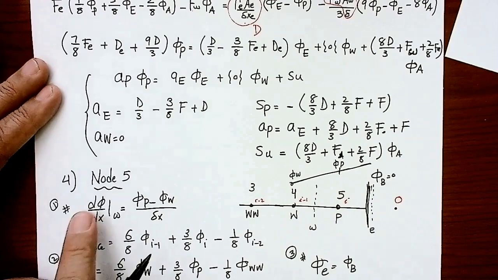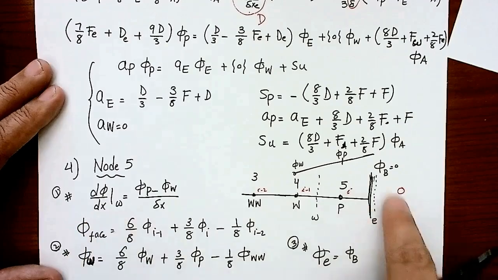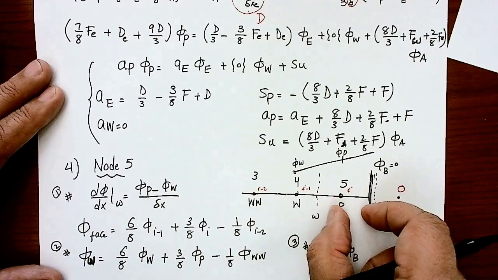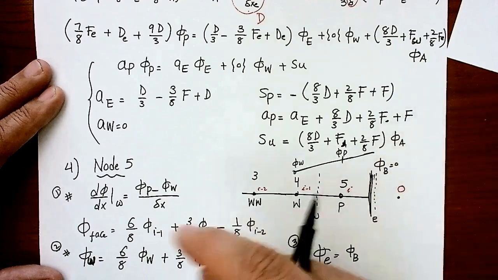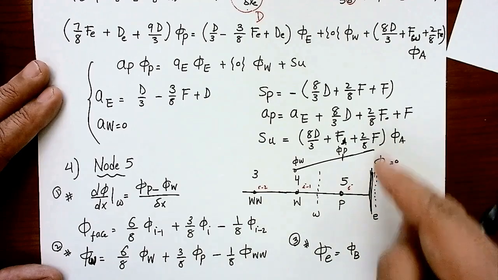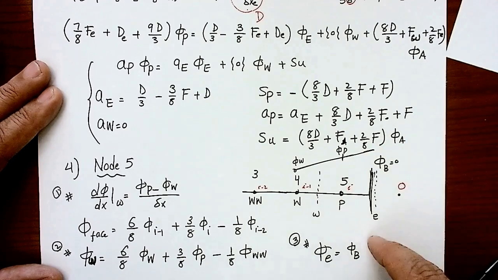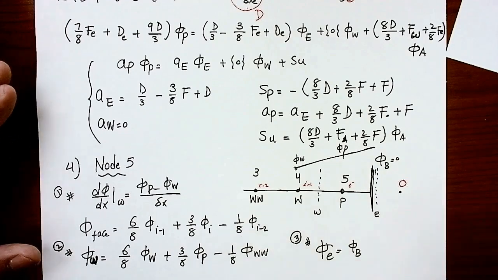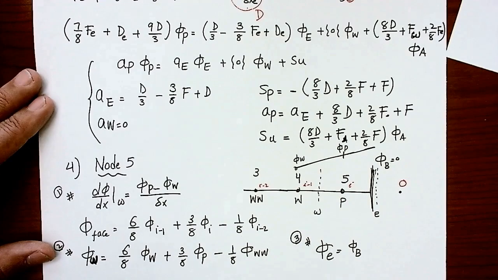So what's missing now is d phi by dx on the east face, which I cannot use the approximation for because that distance is not the full distance. I have to derive the quadratic equation for the 3 points. Then I will take the derivative and get the slope of that function at the east face, which will give me the value of d phi by dx on the east face. Let's do that.